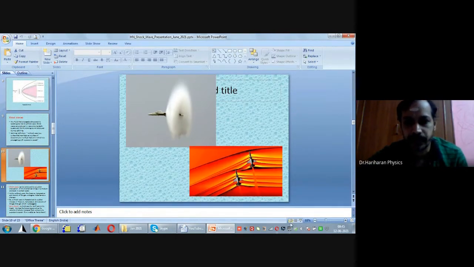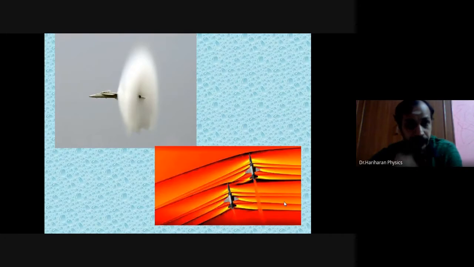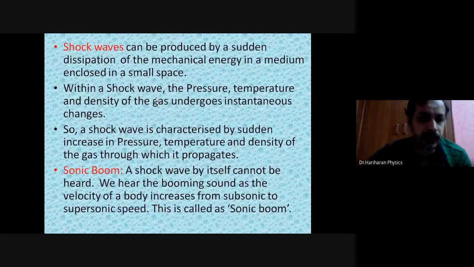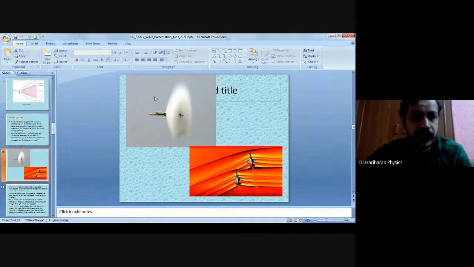There is a white cloud formed behind the tail of an aircraft. Why is it formed in the tail? Because the speed of the object is so high that the sound is going to be behind the object. When the medium is subjected to sudden expansion of gases, it leads to formation of these waves, which we call shock waves. Those details are what we are going to study here.